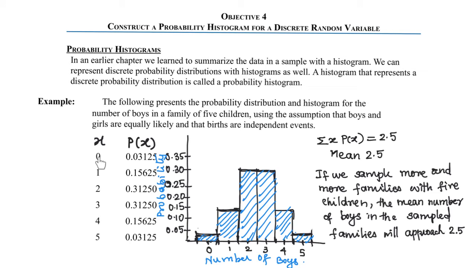If we multiply X and P(x) for each one and add all these together, then we will get the mean. So you can see that the mean is 2.5. That means if we sample more and more families with 5 children, the mean number of boys in the sample families will approach 2.5.